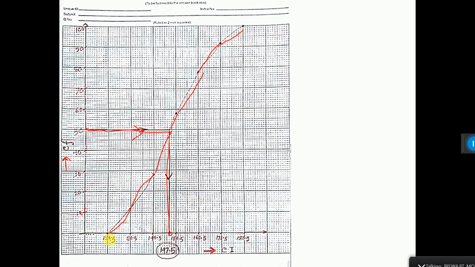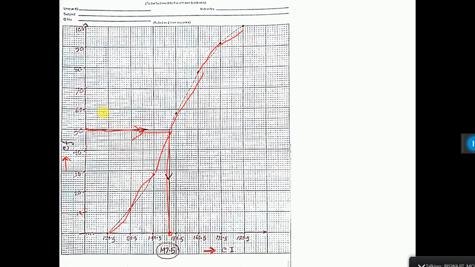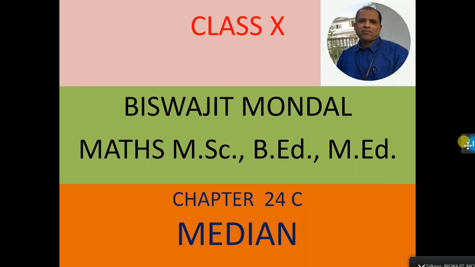I have taken 120.5 up to 180.5, and here the cumulative frequency up to 100. Start from here: 10, 20, 30, 40. So this side is cumulative frequency, that side is class interval. So this is the technique of how to find the median if class intervals are there. That's all for this video.